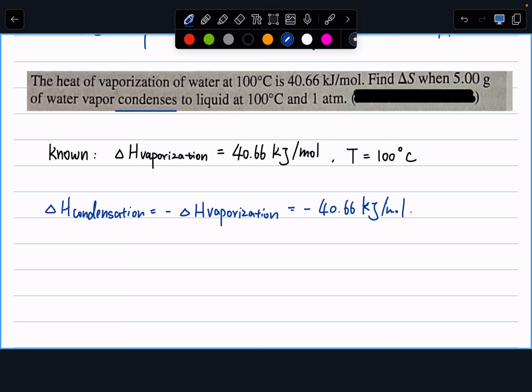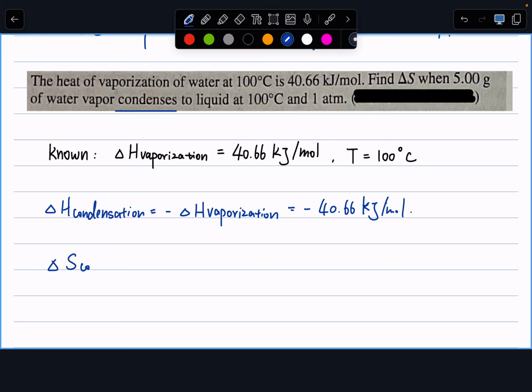Then we can consider the situation. It's specified the phase change is happening at 100 degrees Celsius and 1 atm. So this is effectively telling us my temperature and pressure are kept the same at 1 atm and 100 degrees Celsius. So we can use the equation we just derived.